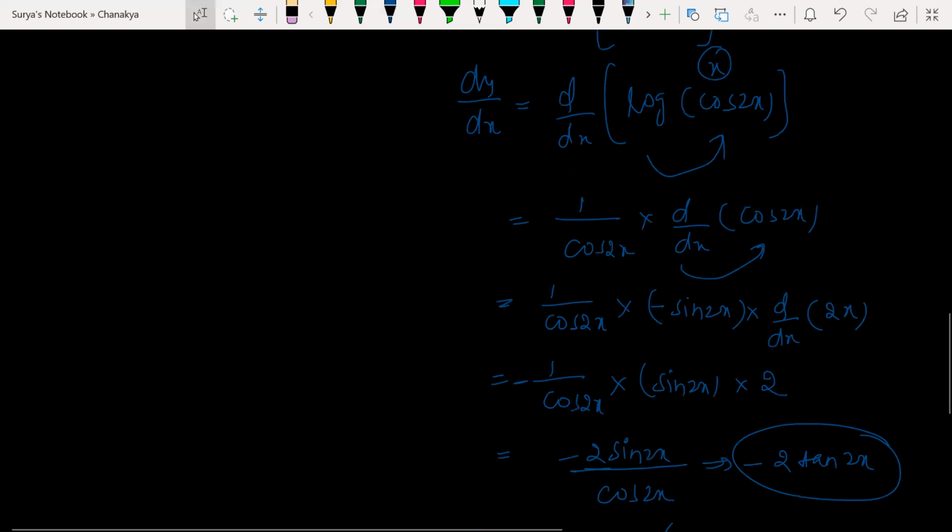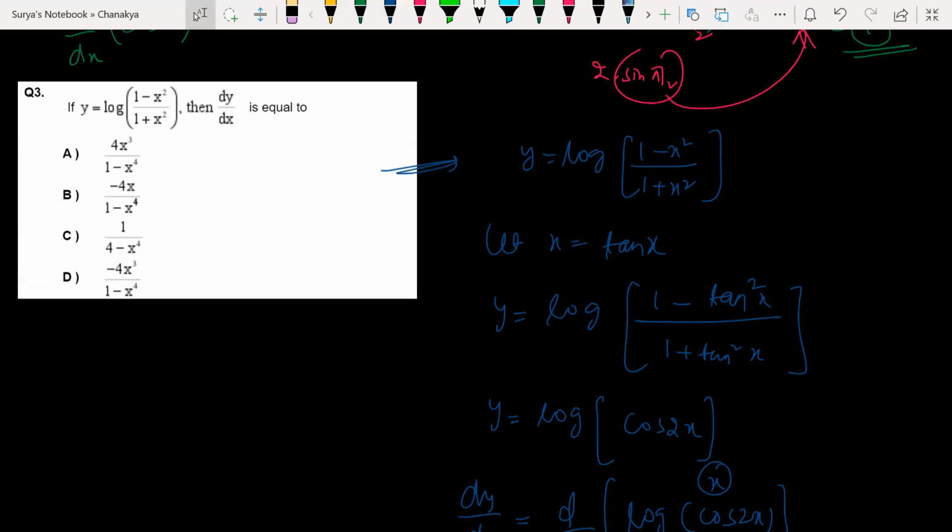But the options he has given are in terms of 1 minus x square divided by 1 plus x square, isn't it? So this is a very good question. Any other method we know apart from this? I think this is the right method, 110%. But the option is given something different. Let's have a look, 1 second.